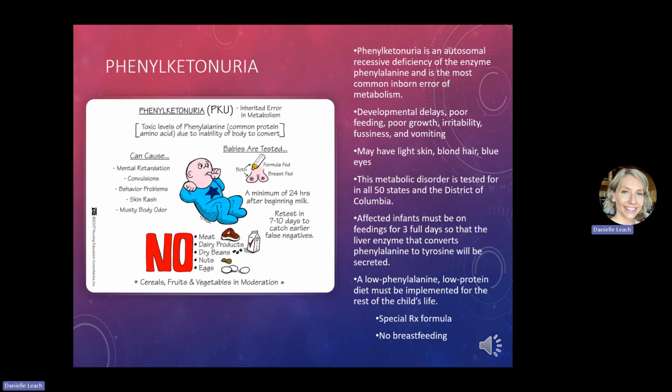But what this means for specifically an infant is that they're not going to be able to breastfeed, and they're going to have to drink a special prescription formula that is low phenylalanine and low protein. But as time goes on, when they start to eat solid food, they can't have any high protein foods like meat, eggs, and things like that.